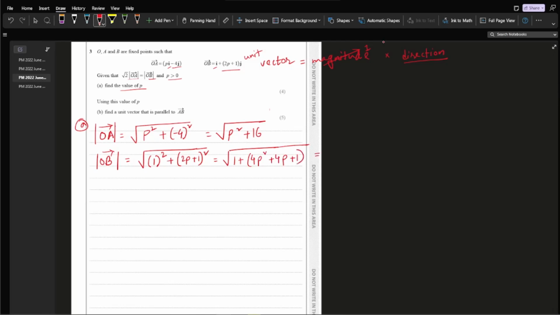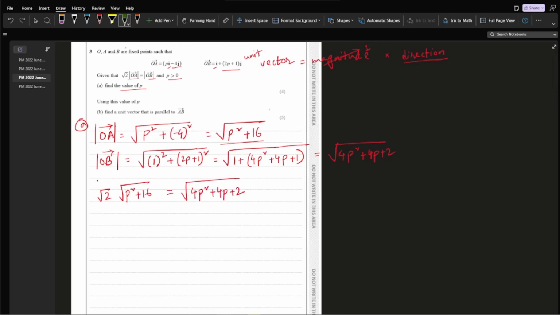If we simplify this, it becomes the square root of 4p squared plus 4p plus 2. Now the square root of 2, OA is p squared plus 16, is equal to the magnitude of OB, which is the square root of 4p squared plus 4p plus 2.